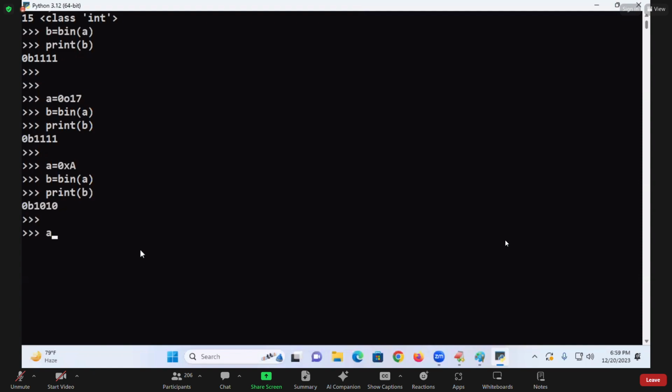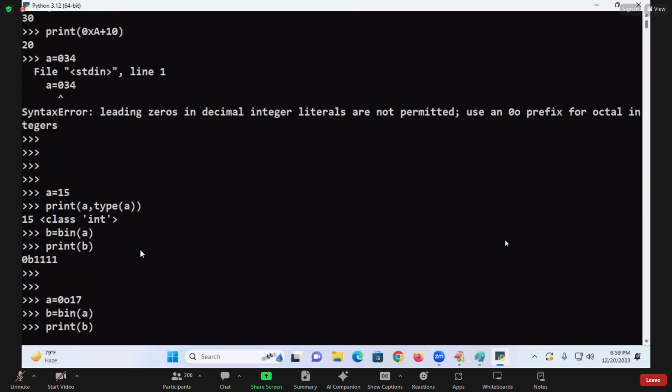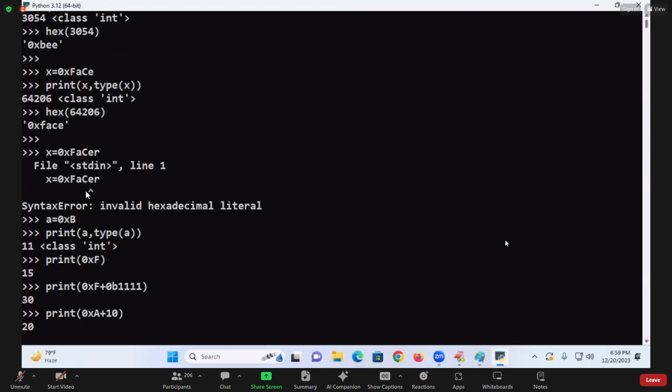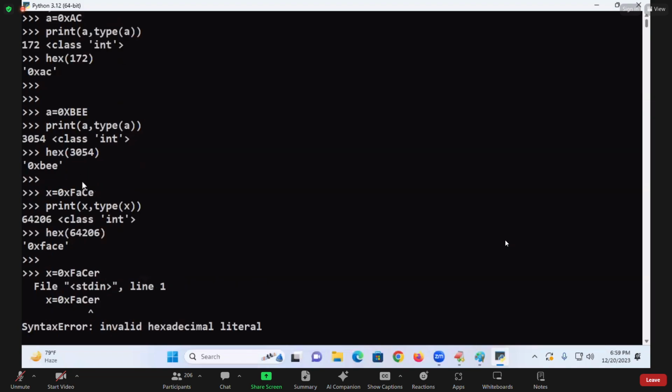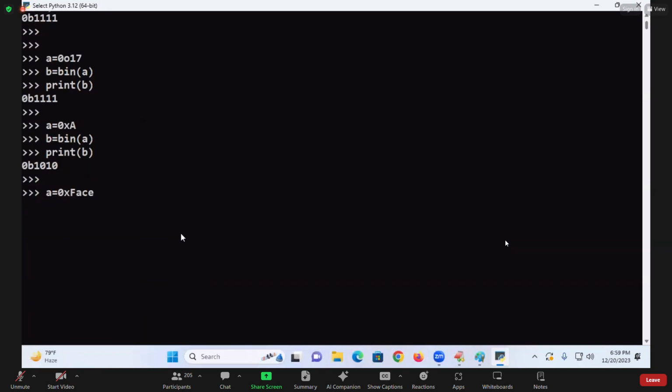Take a bigger value also, students. a is equal to 0x face, you take it. What is the face value? Face value, you have seen it already. Some 64,000 and 206. That will be converted into binary. Easy. So you see this now. a is equal to 0xface. You convert into b is equal to bin of a.